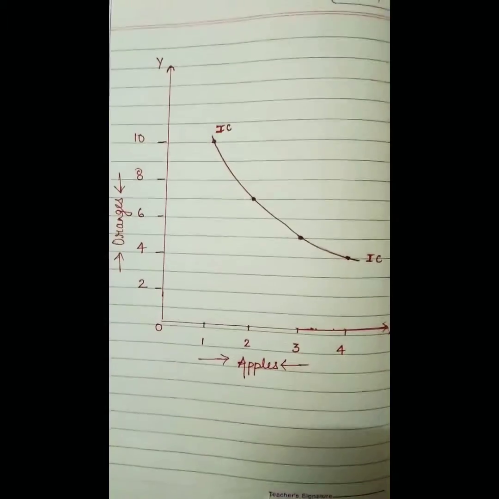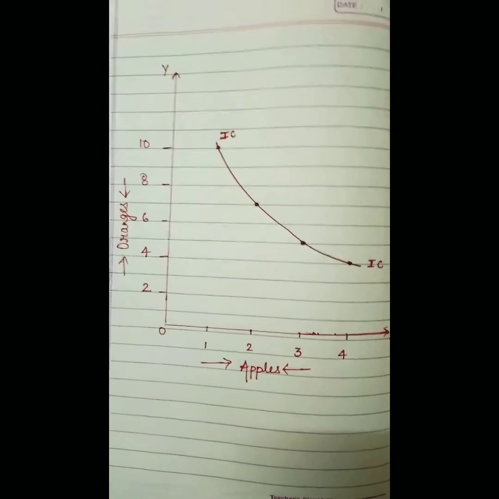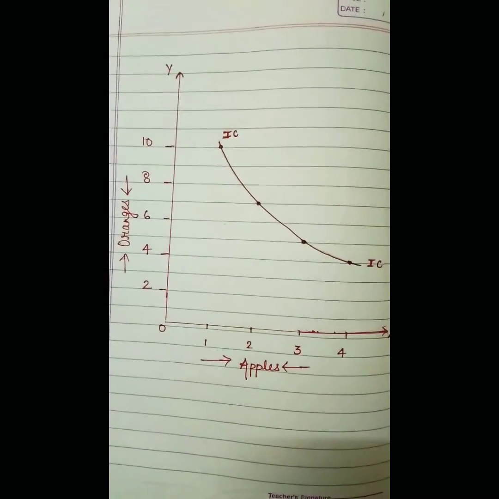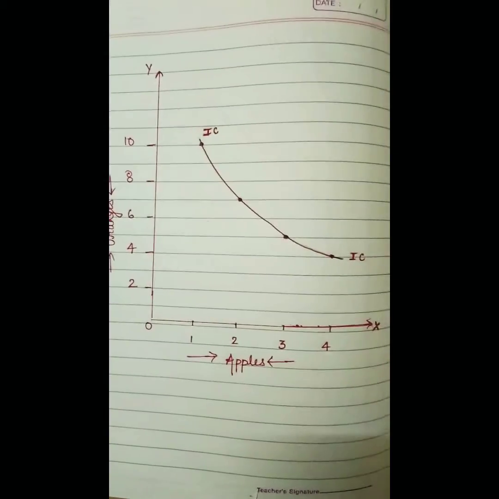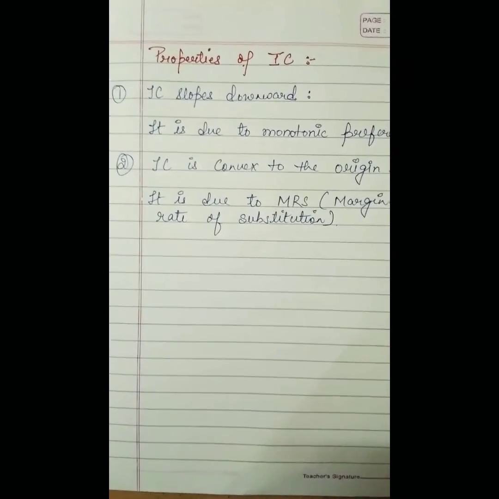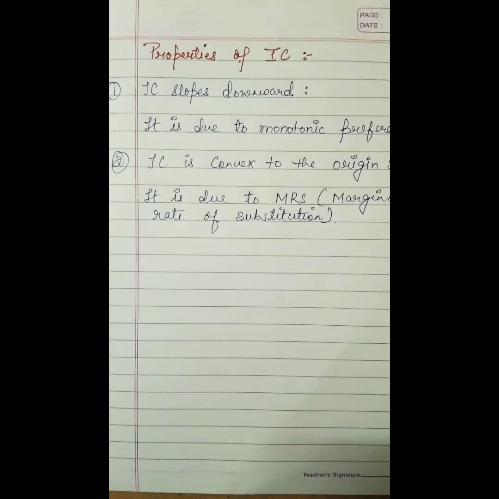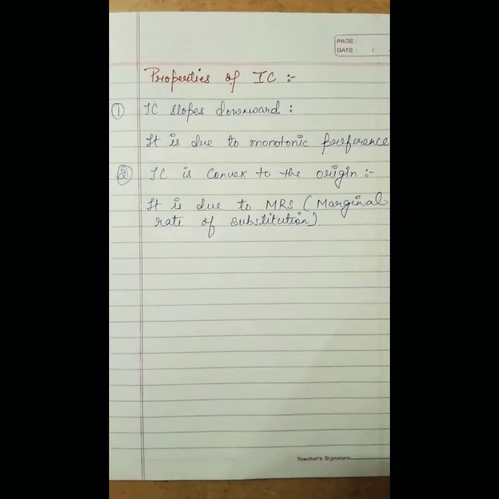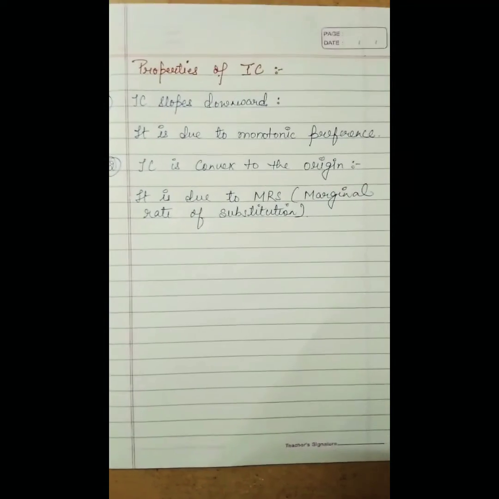So now we will see the properties of IC, which I told you just now: IC slopes downward and IC is convex to the origin. It is quite clear from the diagrammatic representation of the indifference curve.